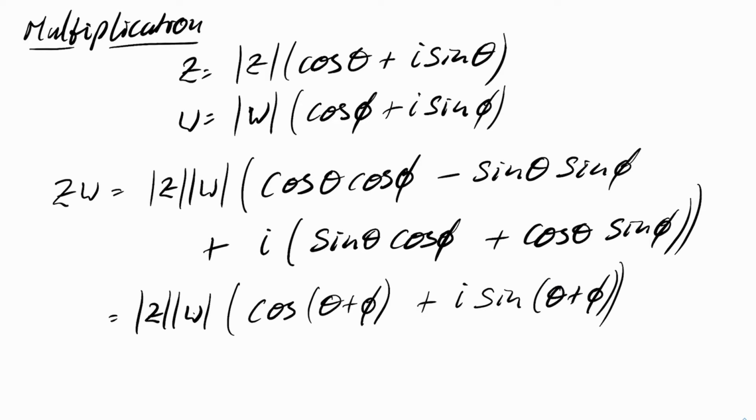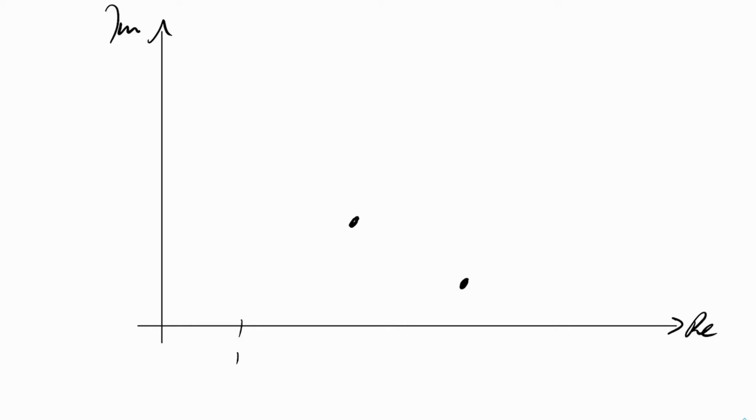So that's a really neat fact. It tells us that when I multiply two complex numbers together, I change the length according to the moduli of z and w, and the argument is a rotation in the complex plane. So if I have a number z and a number w, then I can figure out where z times w is, because it's going to have an argument of theta plus phi.